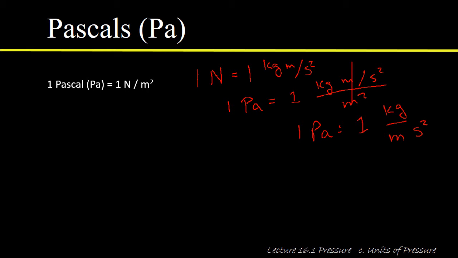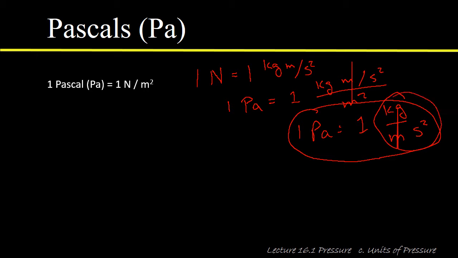Generally speaking, you don't need to remember all of this. I just wanted to point this out because sometimes this can be useful, particularly if you're doing calculations with hydrostatic pressure, seeing the units in there. Okay. And also I want to point out that because this unit is composed of kilograms, meters, and seconds, this is an SI unit, and Pascal is considered to be the standard SI unit of pressure.